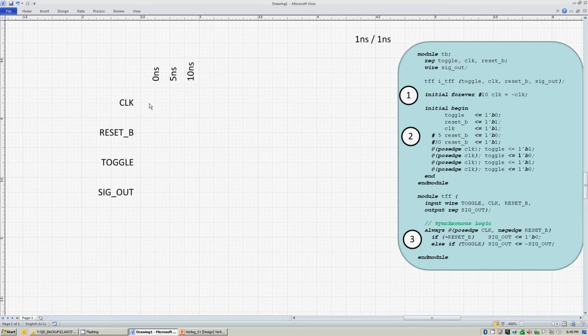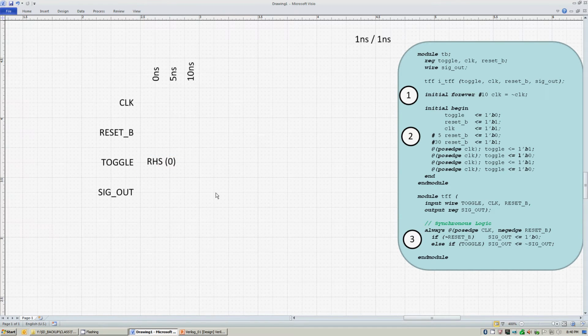At time 0, we grab the right hand side, and that should be 0. So at 0 nanoseconds, the right hand side is 0.